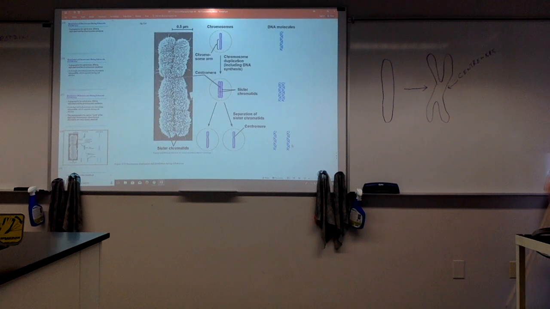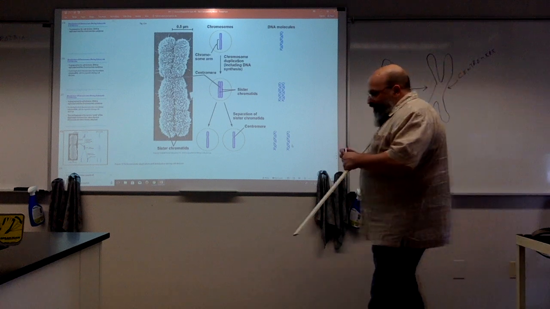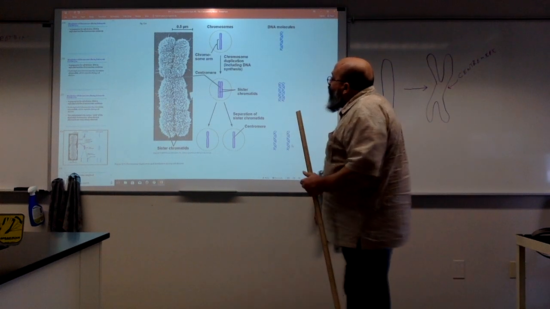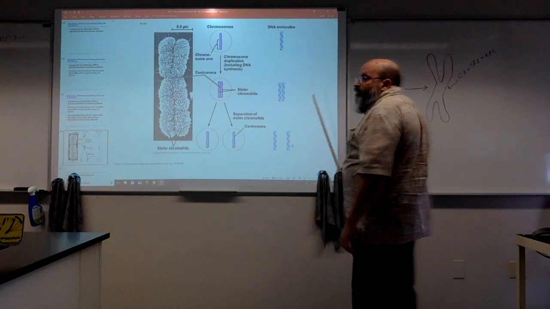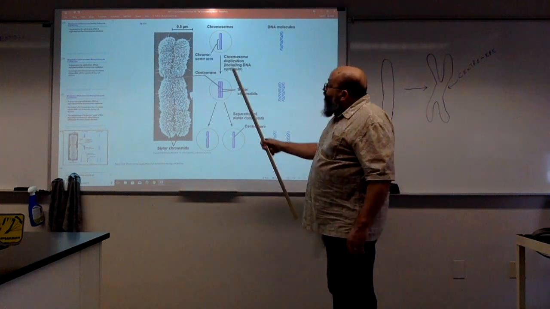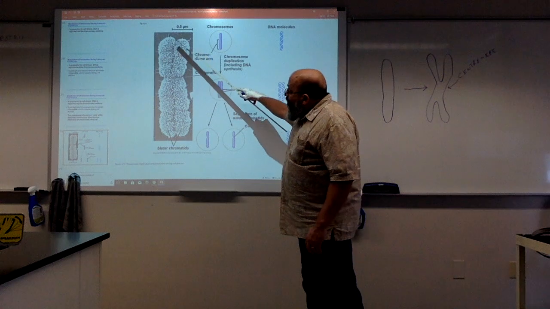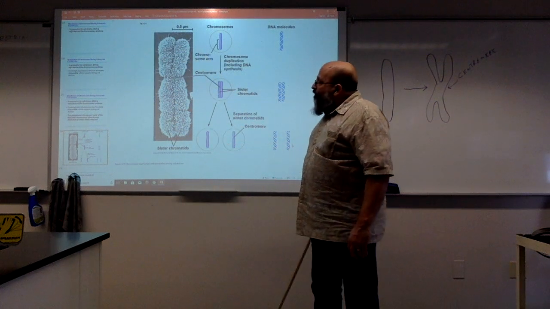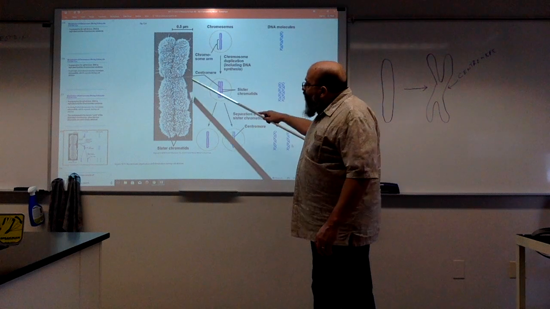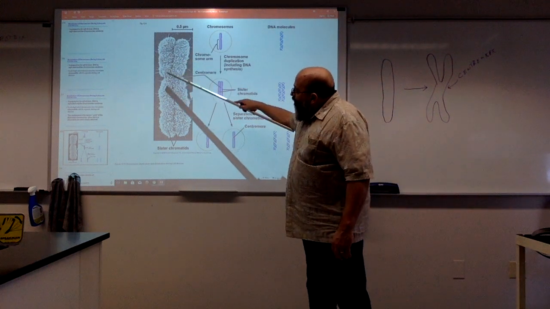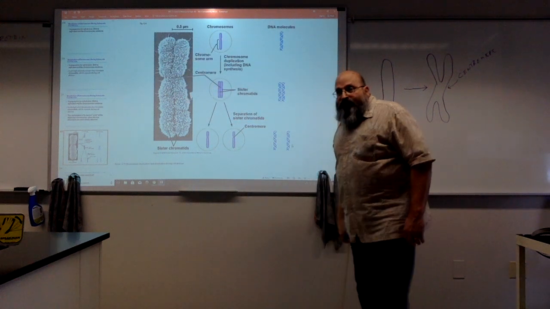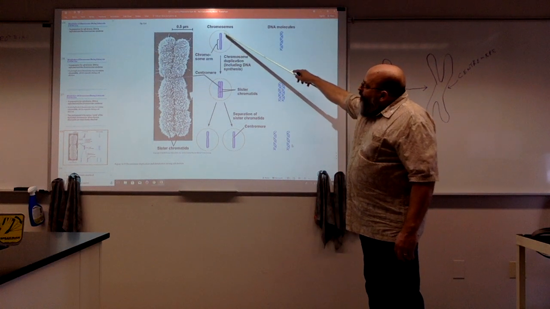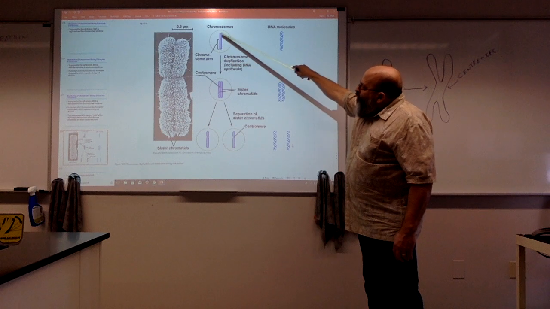And here is the professional rendition of that. Notice, to not embarrass them too much, I used purple just like they do here. Here's a nice electron micrograph of a pair of sister chromatids showing the centromere here. So replication has already taken place. In this organism, we're just showing one chromosome.